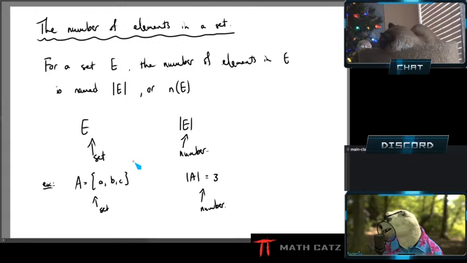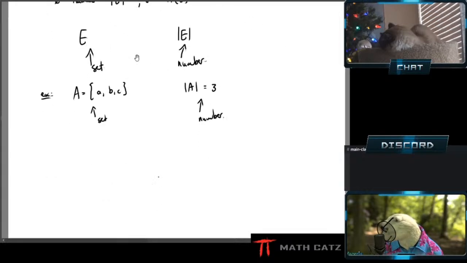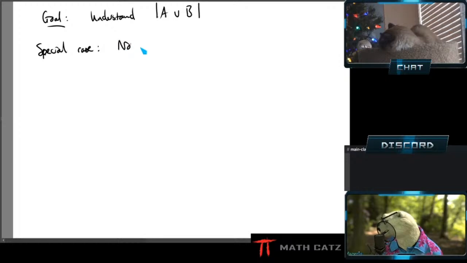Now, let's look at the first special case. Our goal is, in general, to understand that when I combine sets like an A and a B with a union, how does the number of elements change? Okay. So the first special case is if they have no elements in common. The intersection is empty.